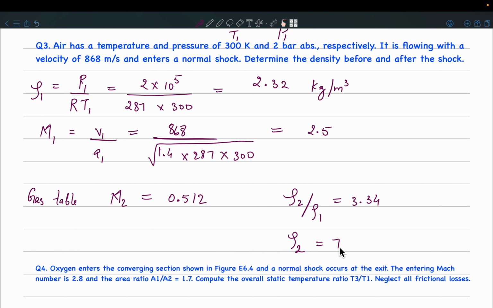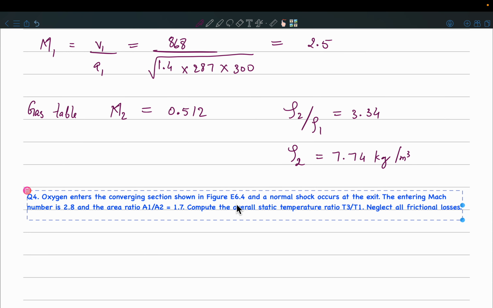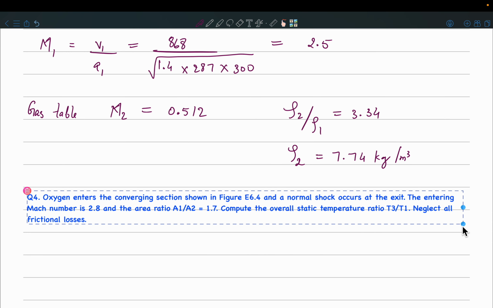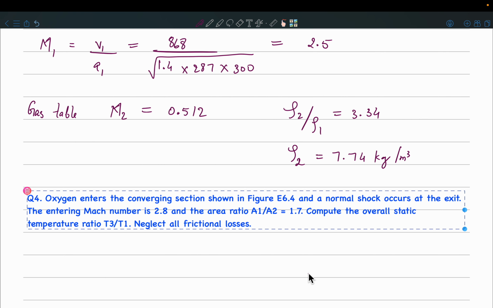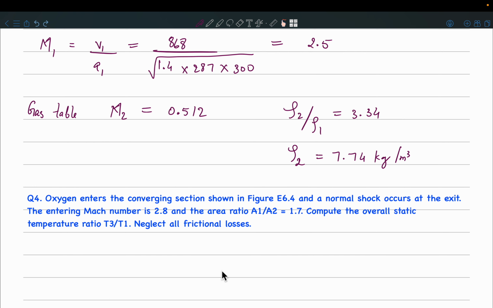What was the problem before? Oh. Okay, but this is the right answer. Maybe some calculation error.